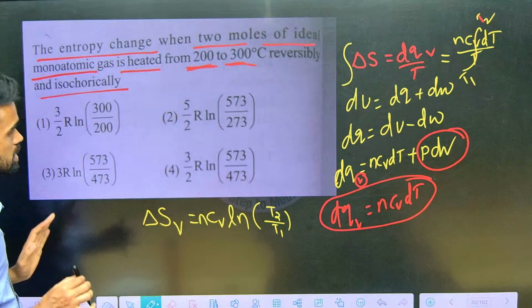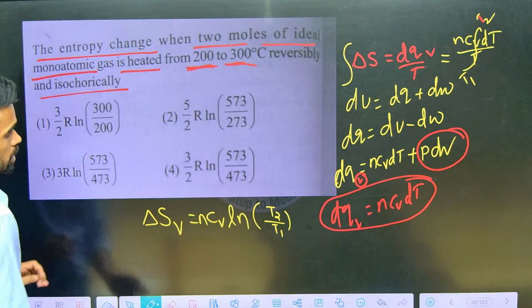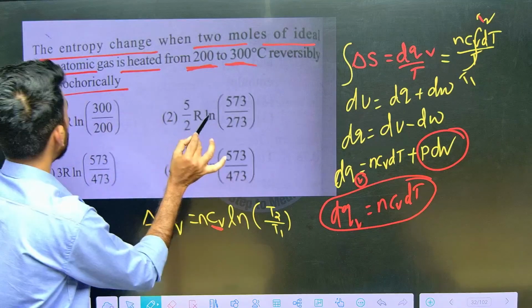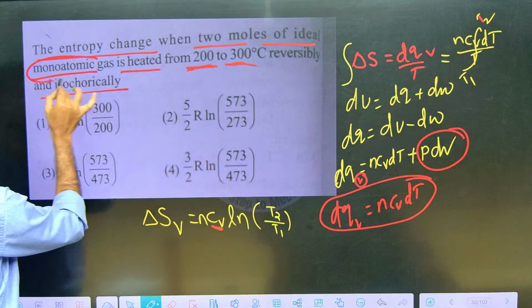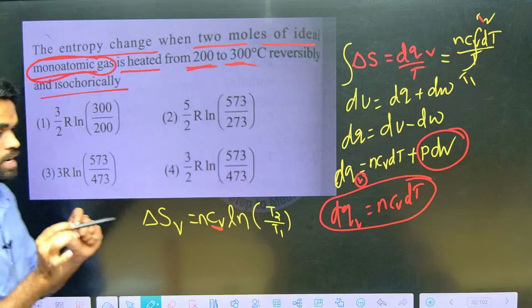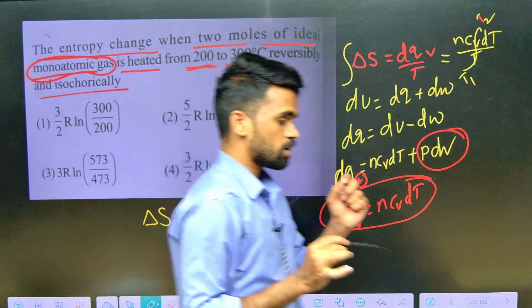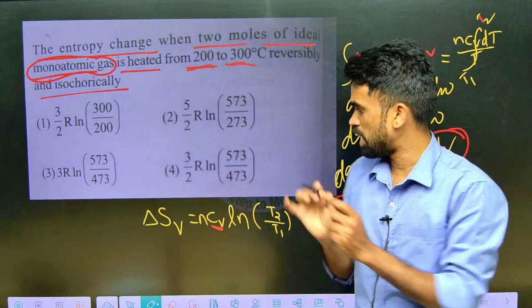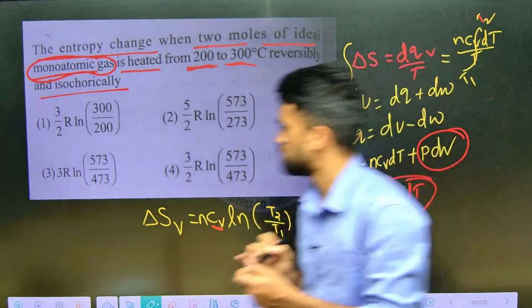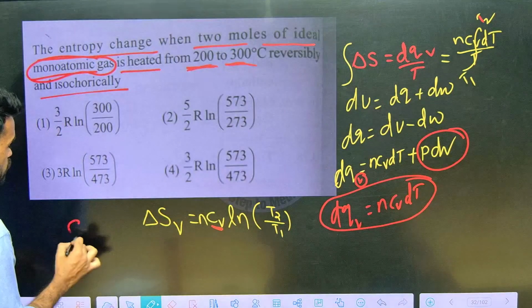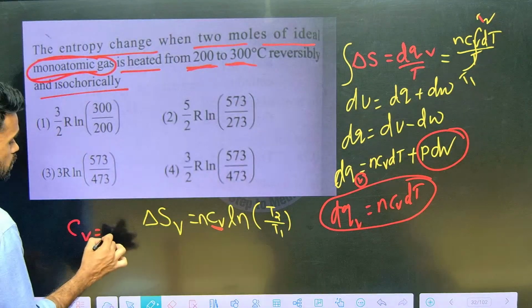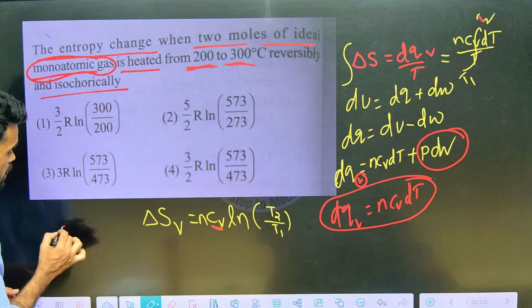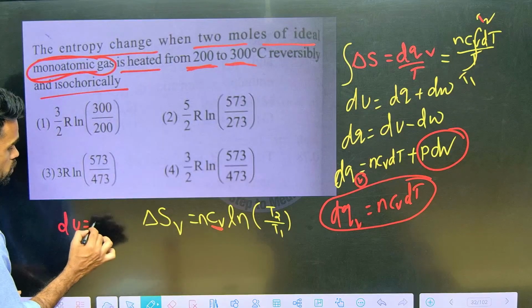Then one more thing here, there is no Cv in the given options, but they mentioned it as a monoatomic gas. Now if you have studied the equipartition theorem in your physics, you might be aware what we mean by Cv here. We have an equation like this, internal energy dU is equal to Cv dT.